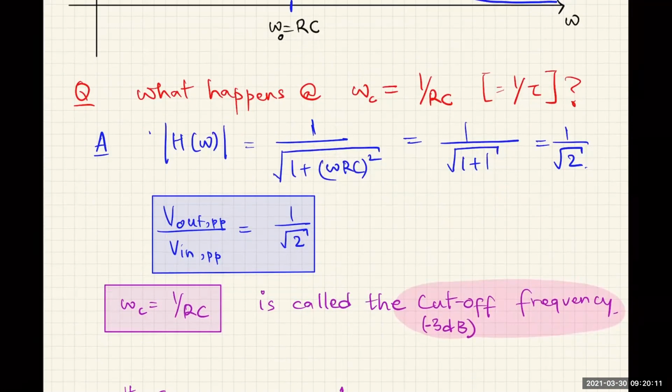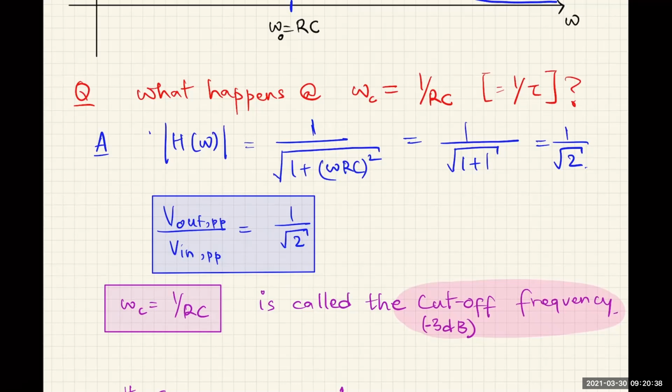That doesn't seem like anything special, but power goes as voltage squared. So at this point, the power ratio of the two signals would be 1 over 2, or half.